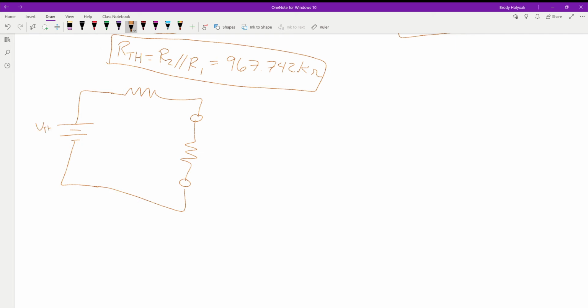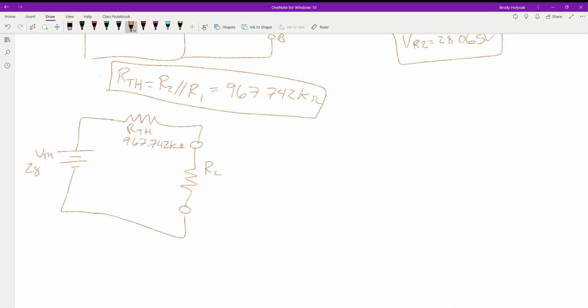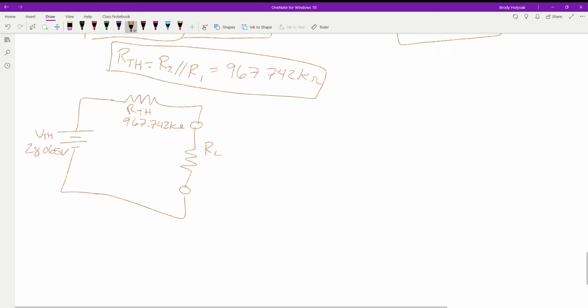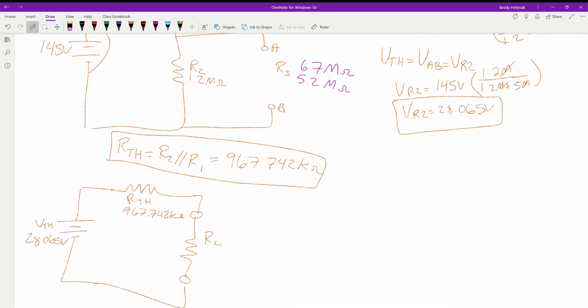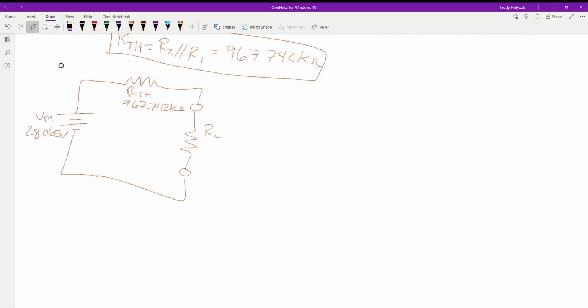Put in V-Thevenin here, R-Thevenin here: 967.742 kilo ohms. We have our load, and we have our voltage, 28.065 volts. The thing it's asking for is a 6.7 and a 5.2, so while we're here, we might as well find both of those.